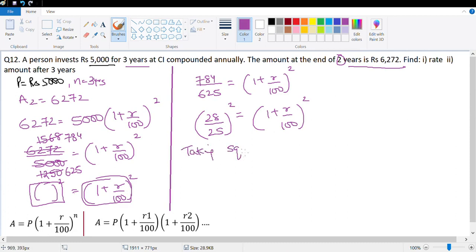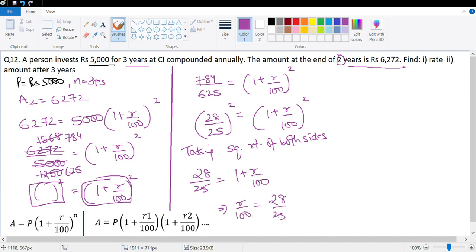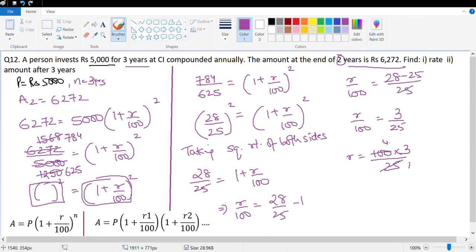So taking square root of both sides, what I get is 28/25 is equal to 1 + r/100, which means r/100 is equal to 28/25 minus 1, which means r/100 is equal to (28 - 25)/25. R/100 is equal to 3/25. R is equal to 100 into 3/25. 25 1, 25 4. Therefore, R is equal to 12% per annum.